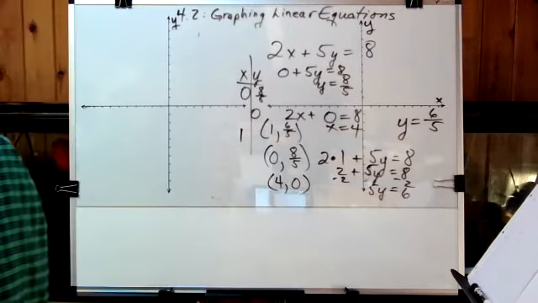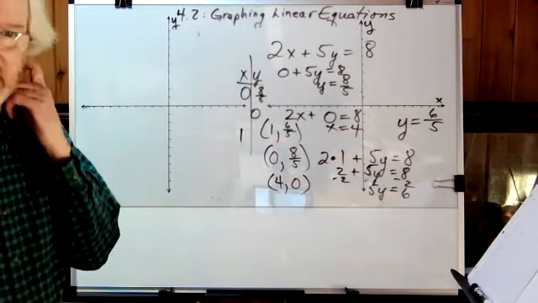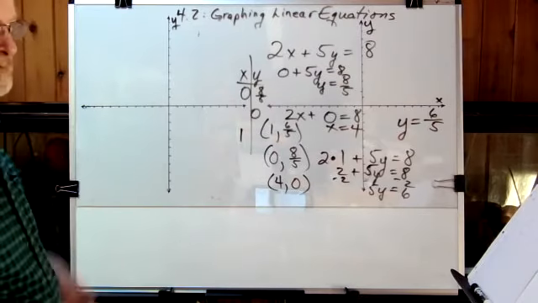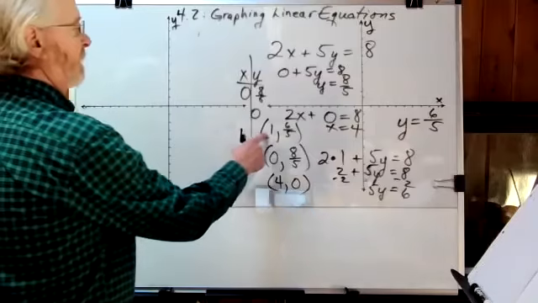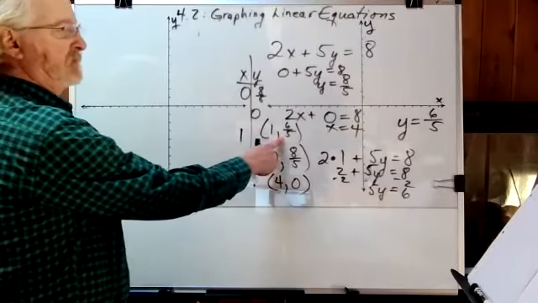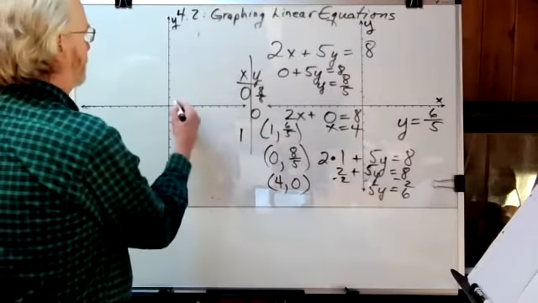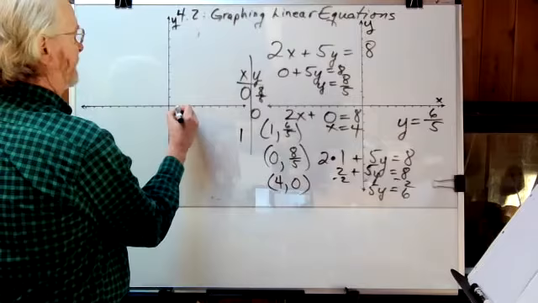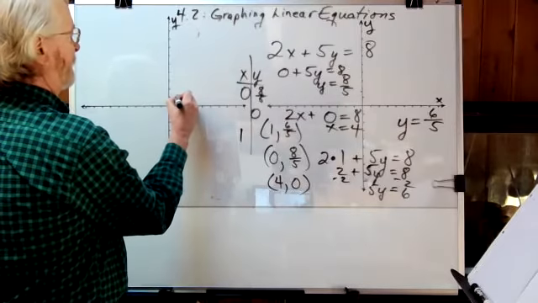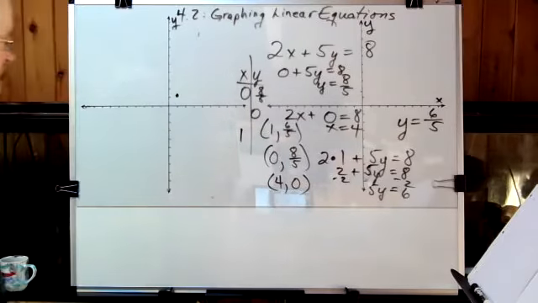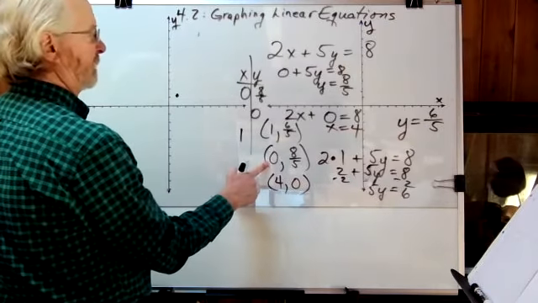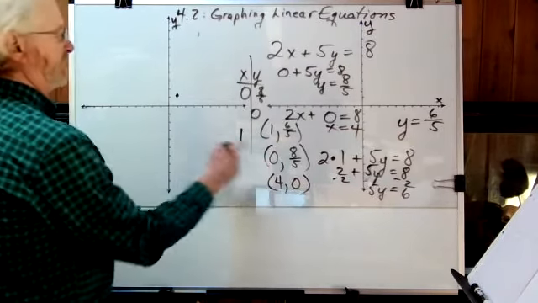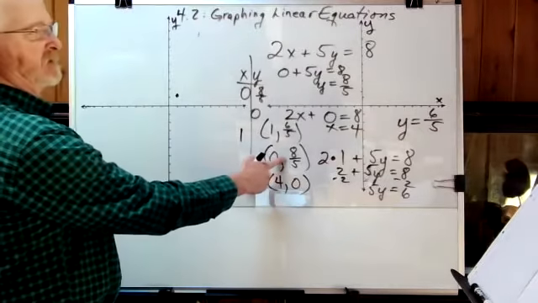Now, if I'm real careful, I can sort of estimate those fraction positions and still should look like a line. When x is a 1, y was 6/5, 1 1/5. 1 for x and 1 and a little more for y, sort of estimating where that is. When it was a 0 for x, it was 8/5.